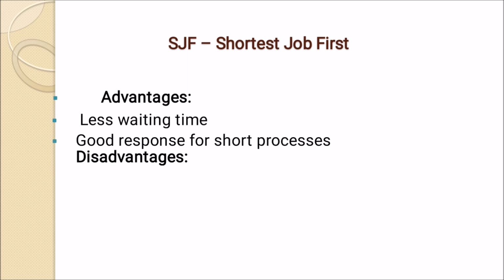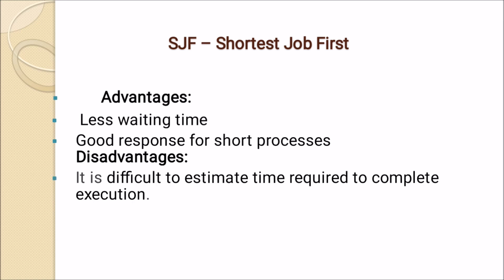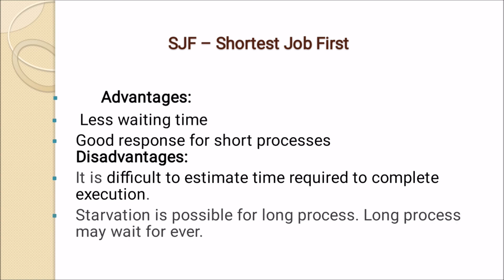What are the advantages of this scheduling algorithm? It has less waiting time and gives good response for short processes. But what are the disadvantages? It is difficult to estimate the time required to complete execution, so we cannot estimate the time.